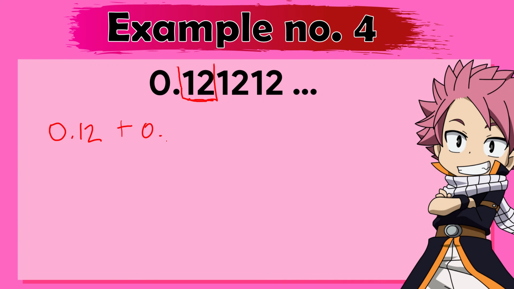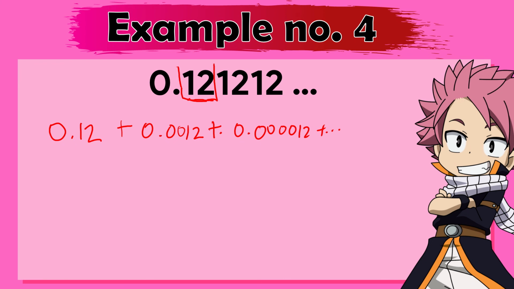So, ilang zero idadagdag natin dito? Since may dalawa tayo dito, so add tayo ng dalawang zero. Then, tsaka natin isulat ulit si 12 plus 0 point. Dito ay merong isa, dalawa, tatlo, apat na digit na. So, apat na zero ulit bago yung 12 and so on. Okay na po yan kahit hanggang tatlo lang.